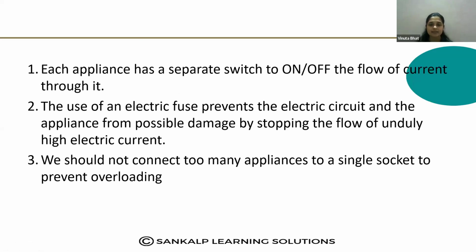Each appliance has a separate switch to turn it on and off to flow the current through it. The use of an electric fuse prevents the electric circuit and the appliance from possible damage by stopping the flow of unduly high electric current. We should not connect too many appliances to a single socket to prevent overloading.